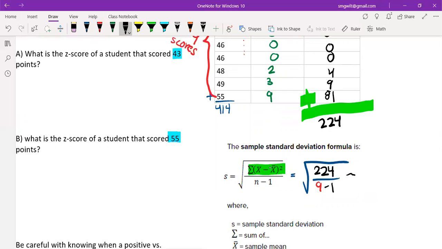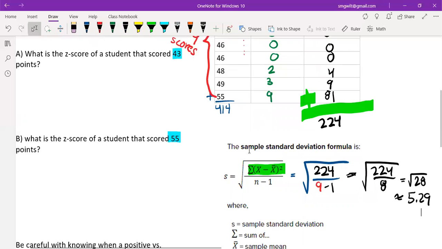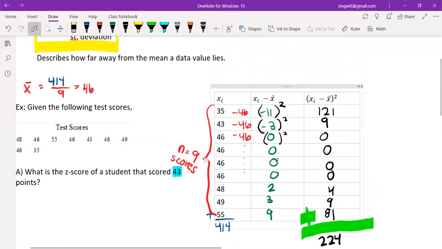That means we're going to divide the square root of 224 over 8. If I calculate that, that's the square root of 28, which is approximately 5.29. So I found the sample standard deviation. S is approximately 5.29.